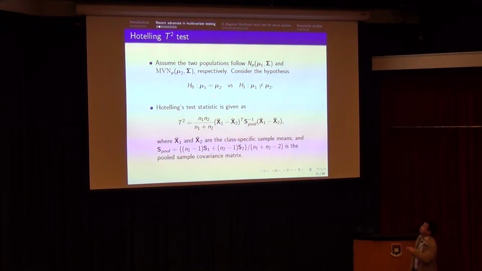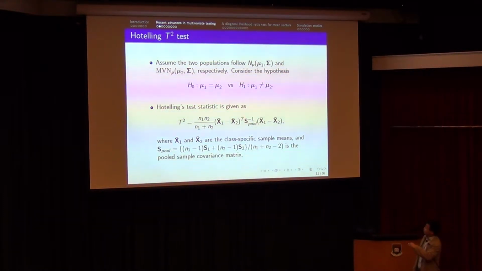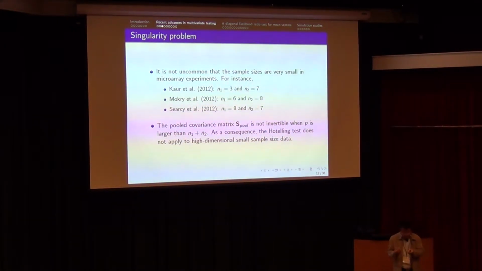But in the mean vector case, we have the Hotelling test statistic, which we all know. Now, given the sample covariance matrix, in the large p small n setting, it is singular, not invertible. So we have a problem here. The day I started, I also tried to work on something in this area.